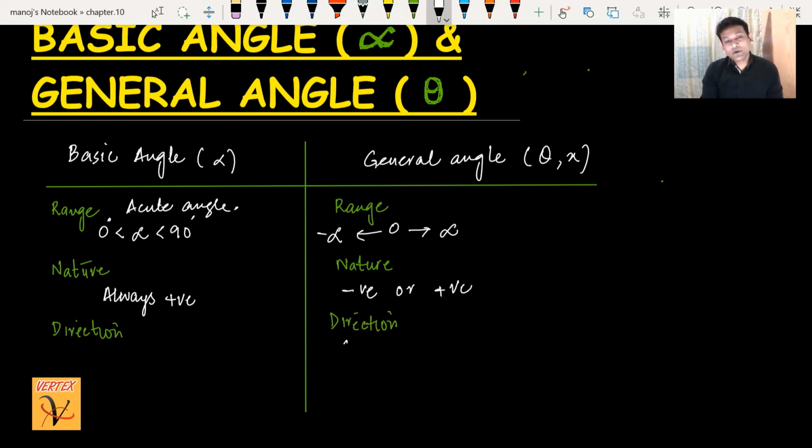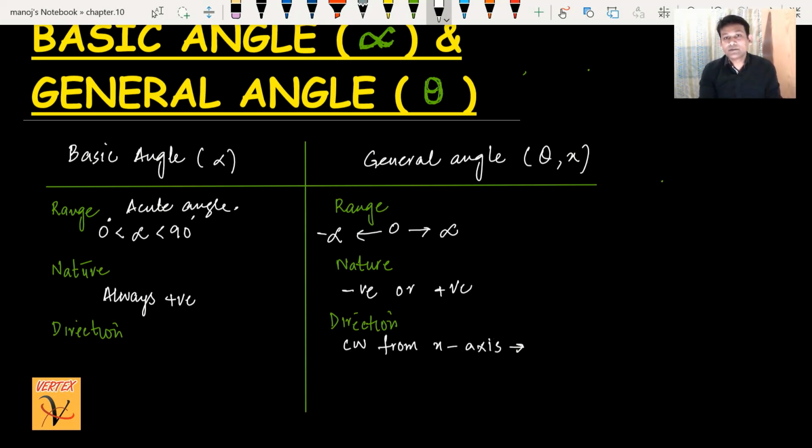When we move clockwise from x-axis, this is very important, I'm writing x-axis, and this was the method to find the basic angle and the general angle, and I have to use the x-axis.